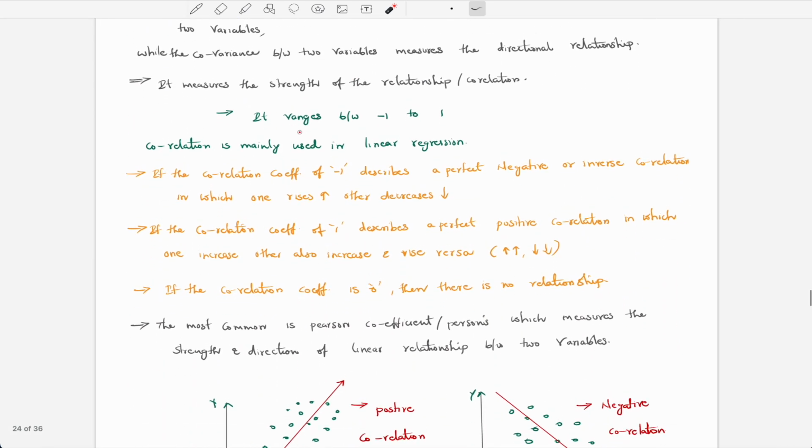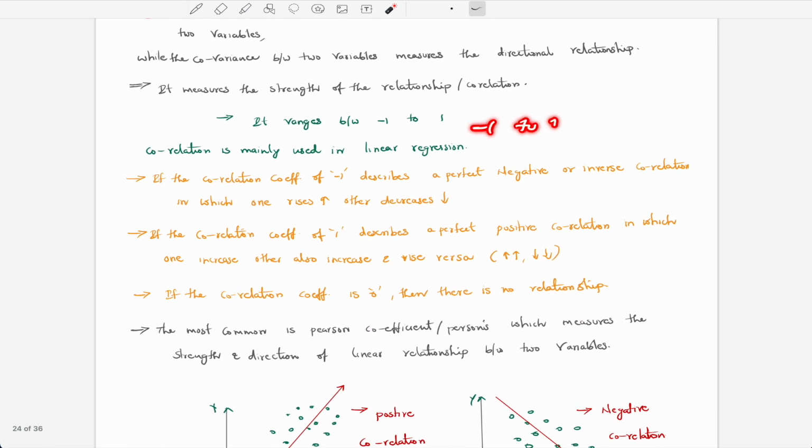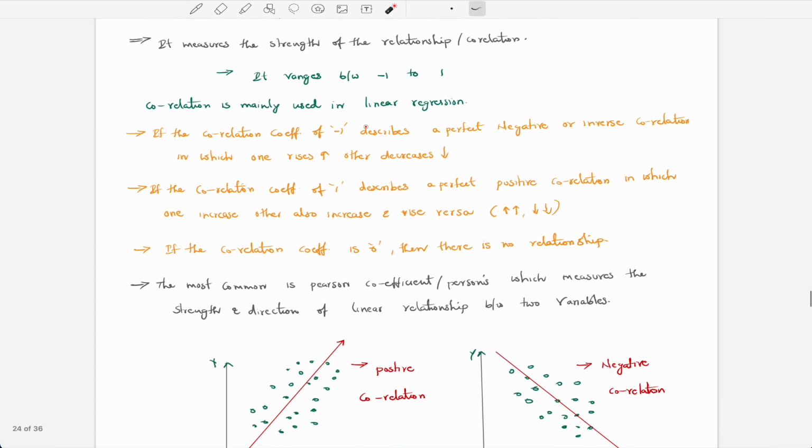It ranges from minus 1 to 1, and the correlation is mainly used in linear regression. We are going to see what linear regression is, and first of all what regression is, in our machine learning lectures. You need not worry, everything will be covered.